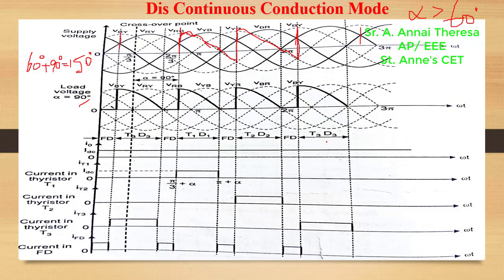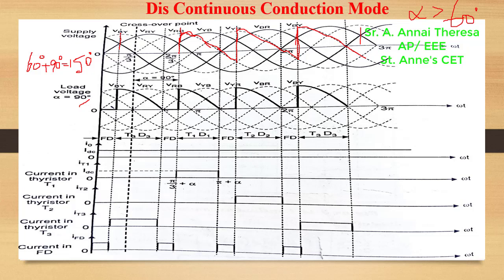Also see here T3 and D3 are conducting. So you can draw the output. Here also you will get the negative voltage, because we are not using the freewheeling diode; due to the inductance effect, we get this negative voltage.